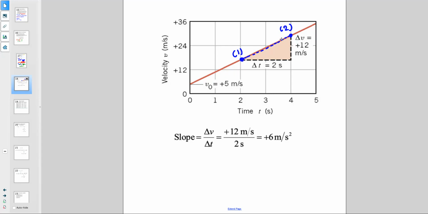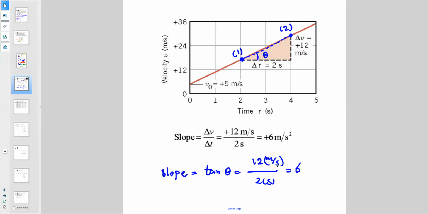So the slope of this line, which is the tan of this angle, tan of theta, is that side, which is 12 meters per second, divided by this side, which is 2 seconds. So I have 12 divided by 2, which is 6. What is the unit?